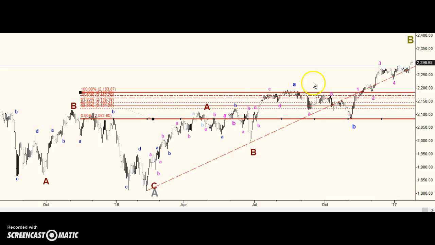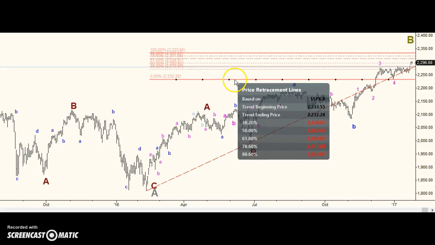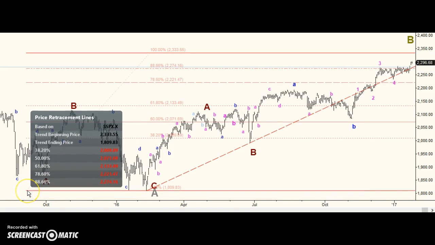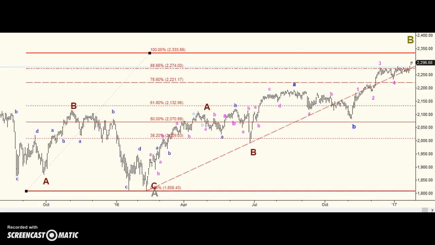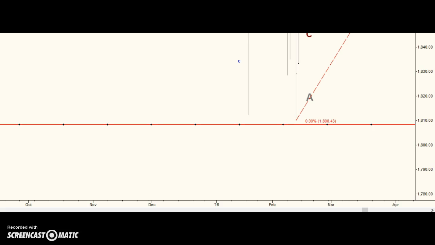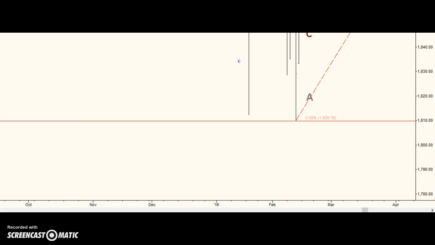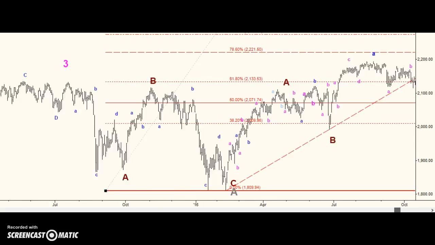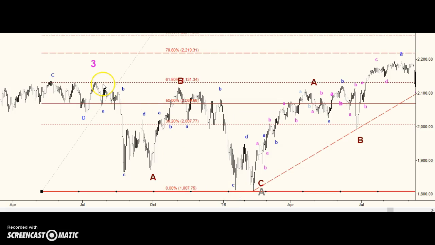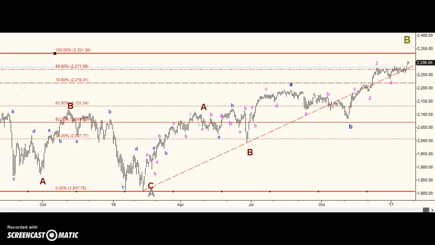You'd like to see this gray B have some sort of relationship with gray A. And there's your perfect 61.8. So we have a lot going for that number so far.